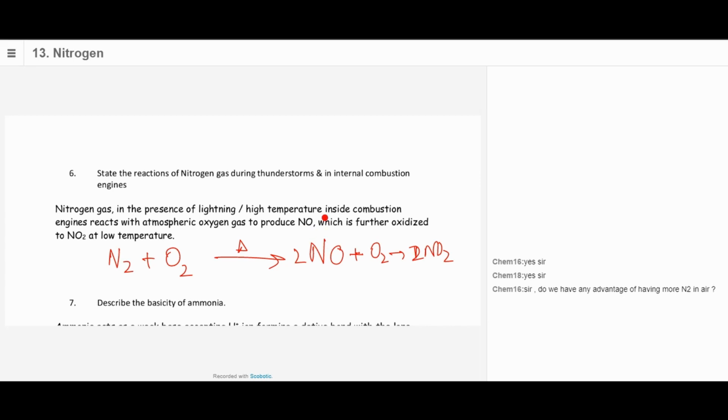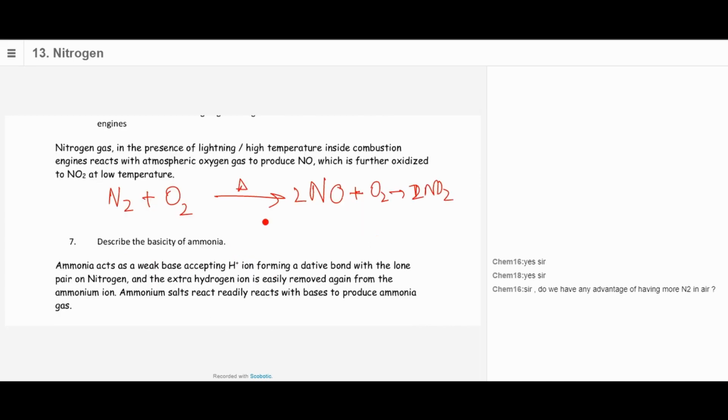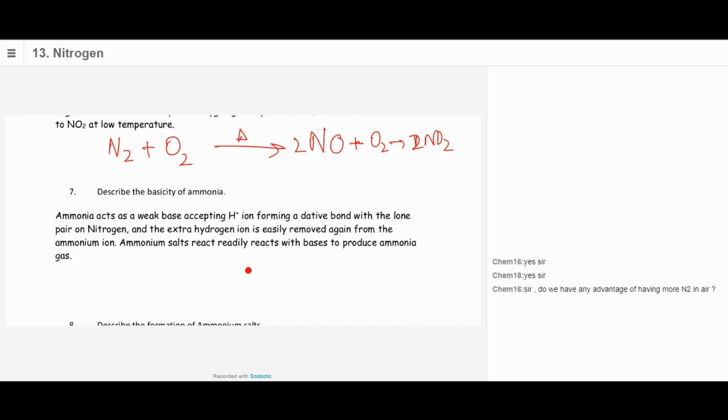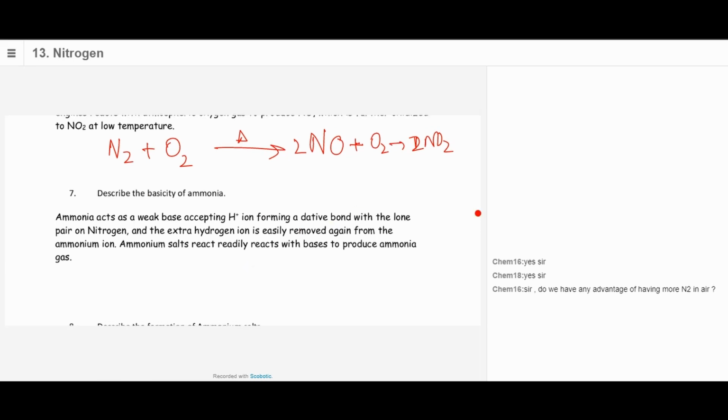So one of the main elements of ammonia is nitrogen. Ammonia acts as a base. If you analyze why, it is because nitrogen has a lone pair of electrons. This lone pair of electrons on nitrogen can accept an H+ proton and form the ammonium ion.